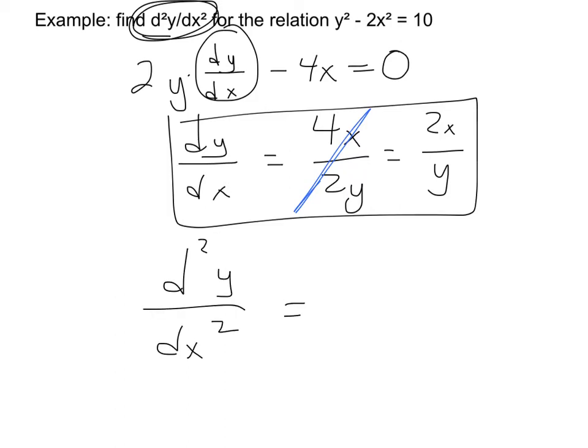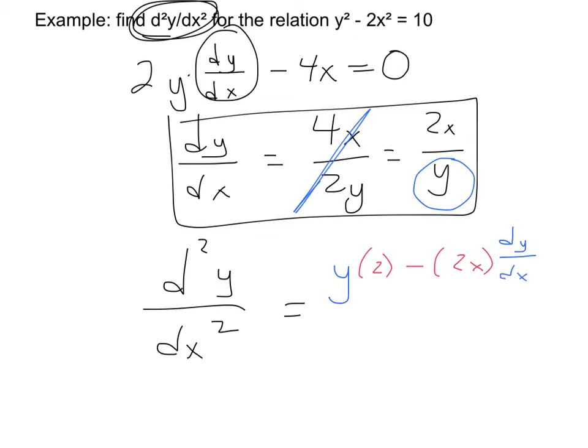On the right side, over here, I need to take the derivative of this quotient expression, right? So I'm going to do low d high. Well, the derivative of 2x is just 2. Minus high, which is 2x, d low. Now be careful here. The derivative of y is dy/dx.